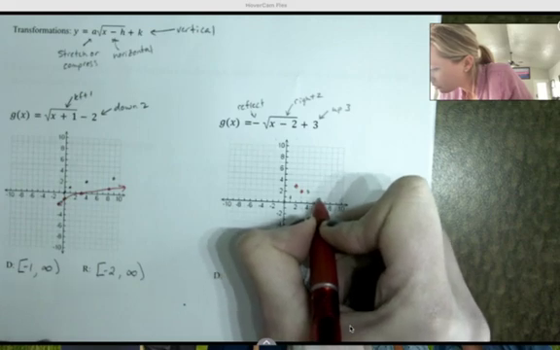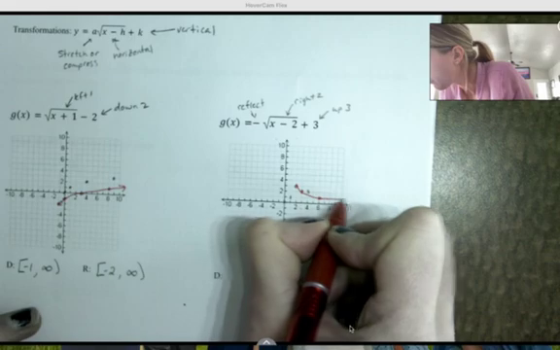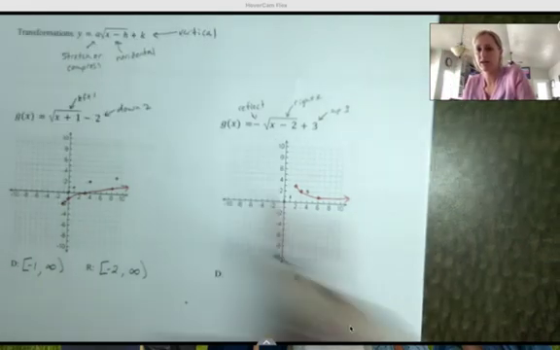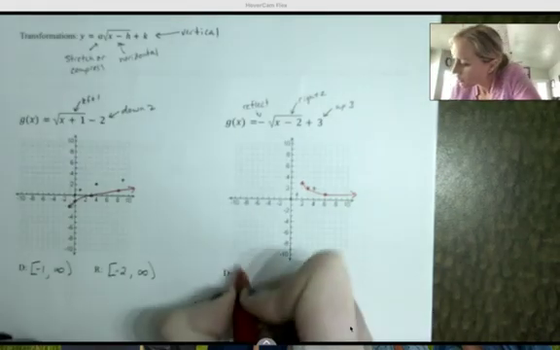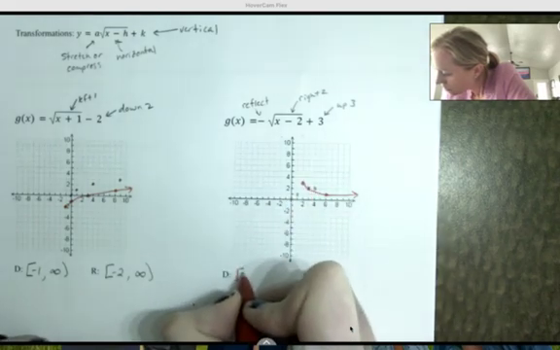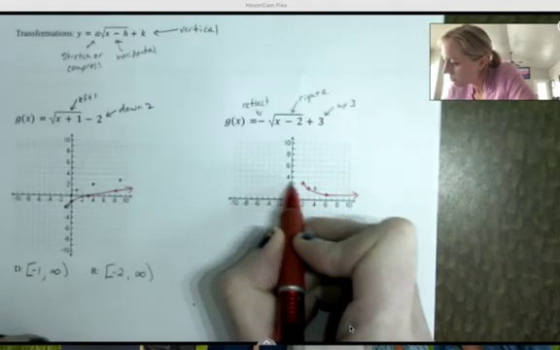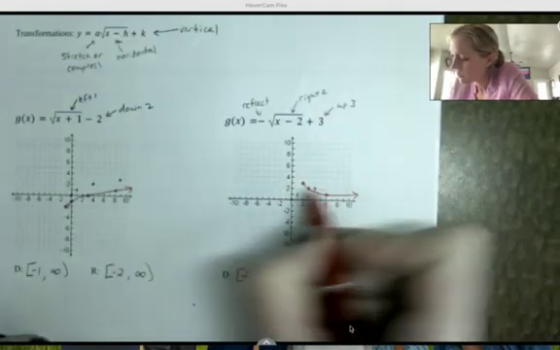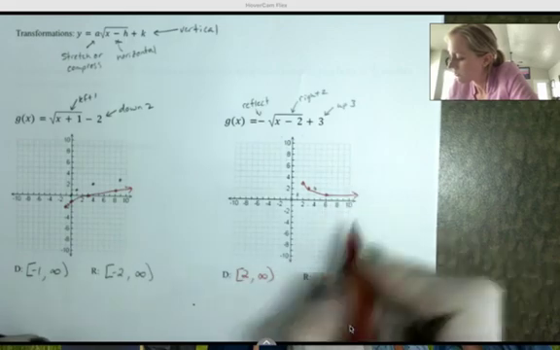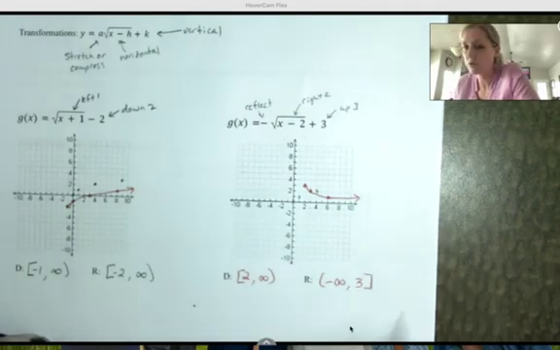Right 2, reflect, and up 3. Because of that reflection, it's going in the opposite direction. My domain, the x value it starts at, is positive 2. And the y value it starts at is actually negative infinity, but it goes up to a max of 3. So the range is negative infinity up to positive 3.